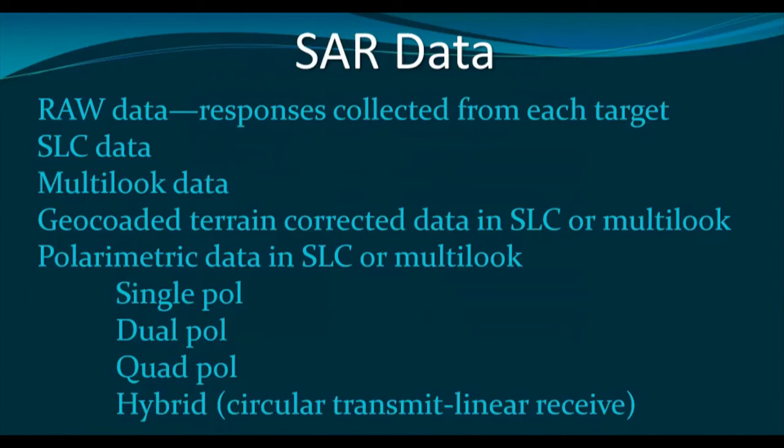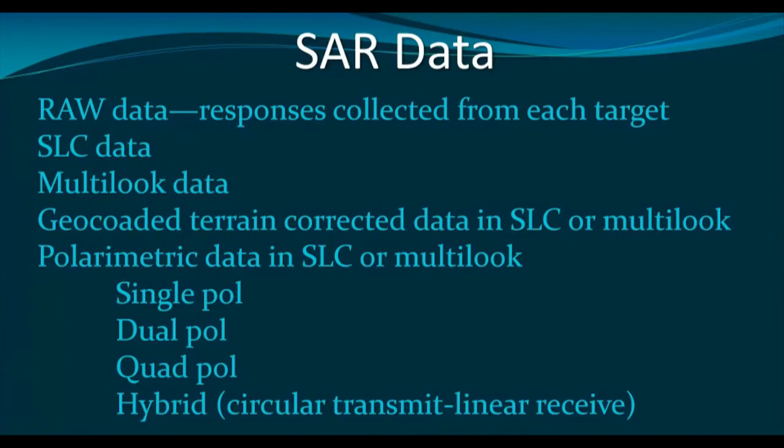Dual polarization means basically there will be two images, two single polarization images actually. And in the case of quad pol, we shall have four different polarized images: HH, VV, HV, and VH.